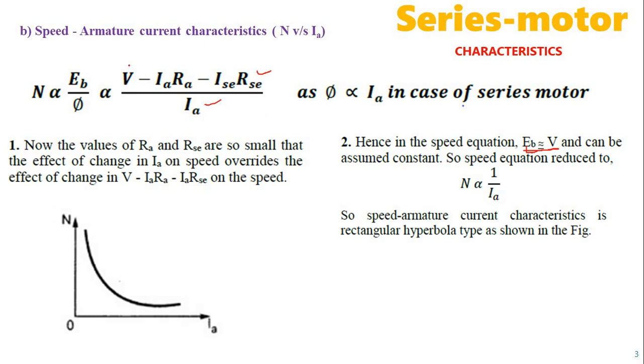By keeping Eb constant, speed is inversely proportional to armature current. Hence it gives rectangular hyperbola type characteristics, so if armature current increases, speed is going to decrease, and it gives a rectangular hyperbola type curve.